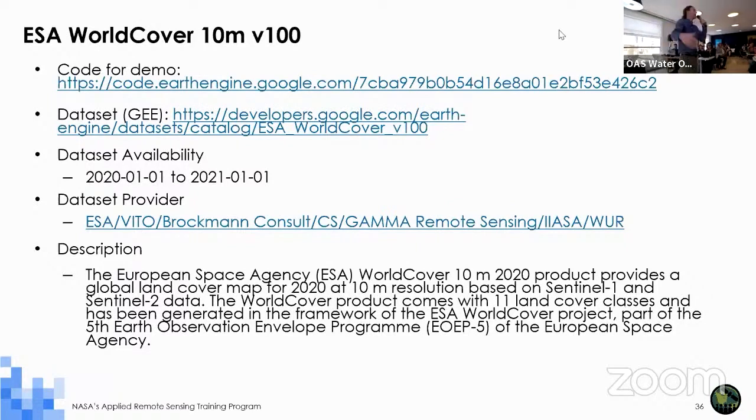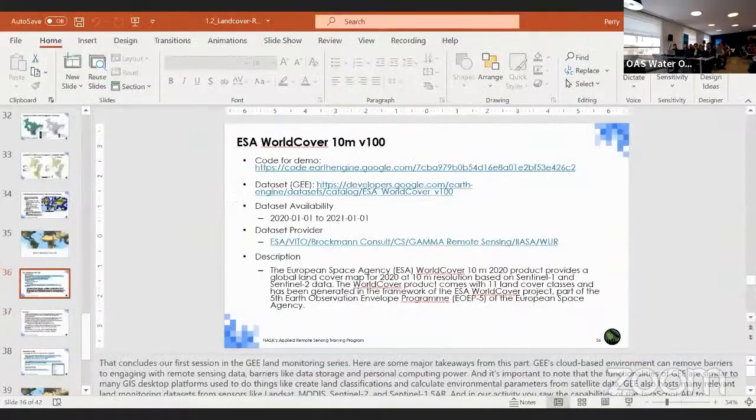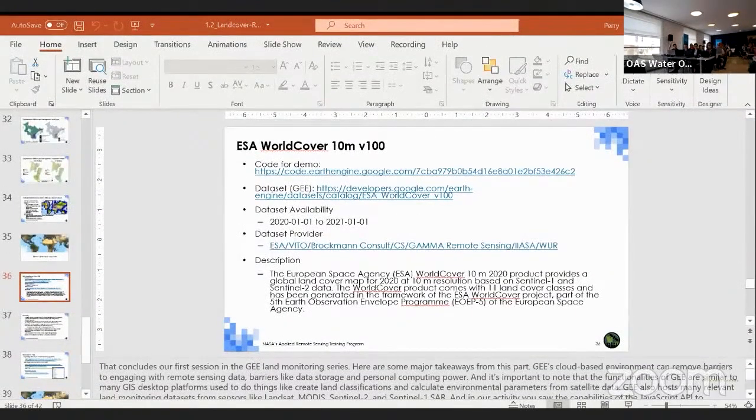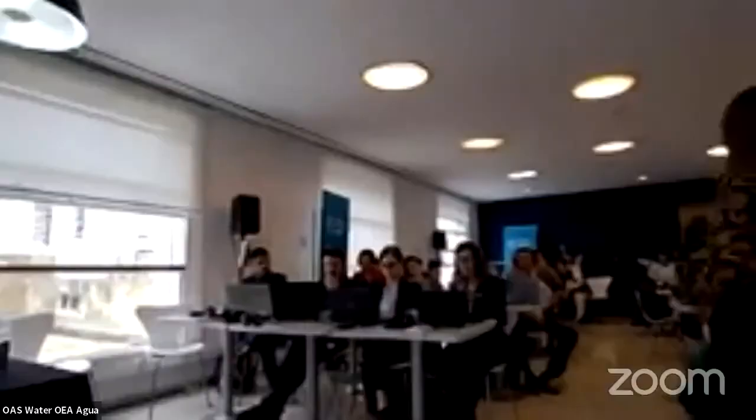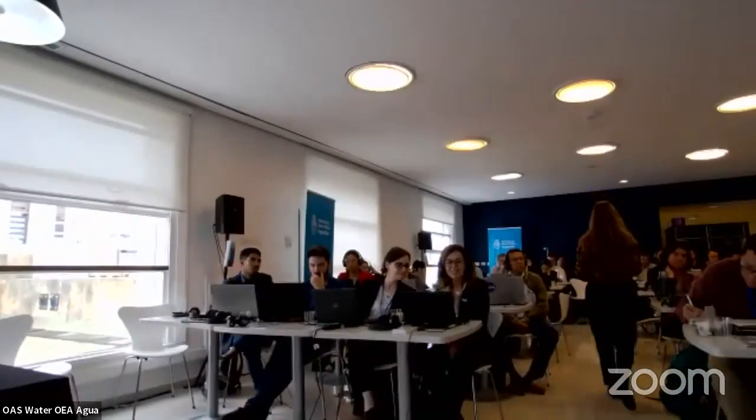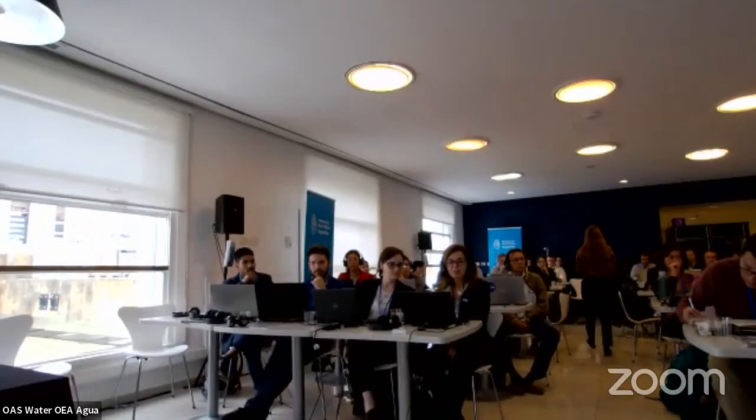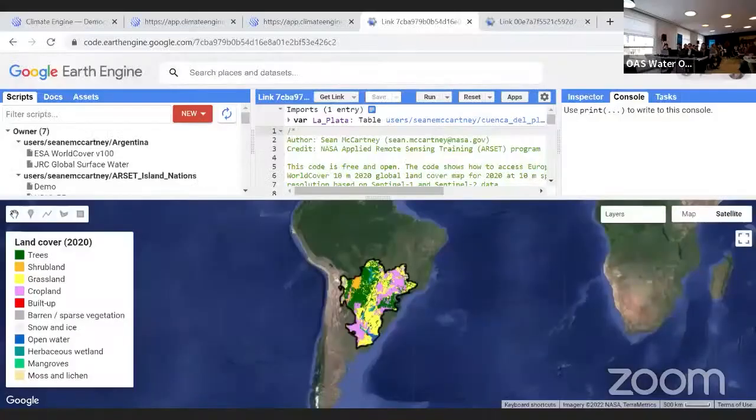And so I'm going to go ahead and step over here and demonstrate how in just a handful of lines of code, you can really start confining and constraining your analysis to your study area. In that case, I decided to use the La Plata River Basin because I believe everybody in here is probably more concerned about that river basin than any other one.